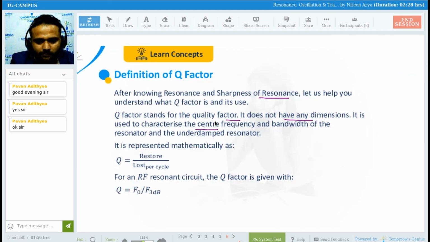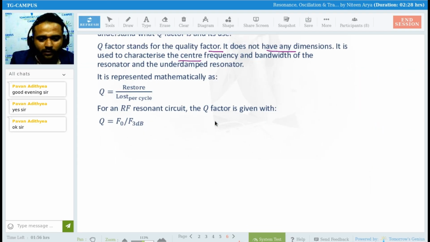Or should I make it on this page? Wait, I can make it here. Or I can give you a diagram also. Wait for a while. Resonance frequency.